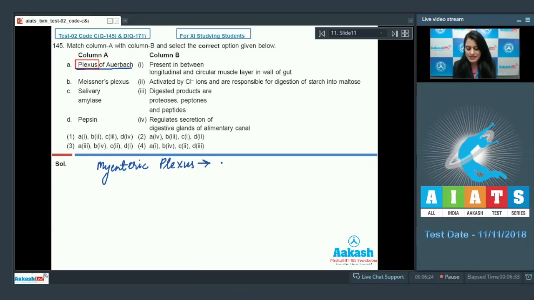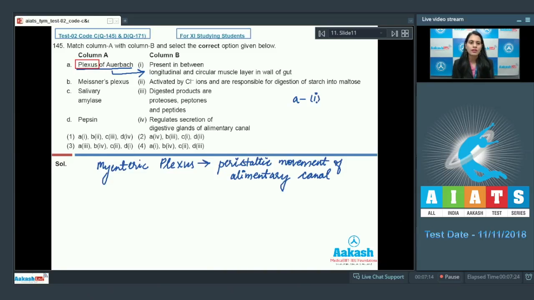It controls the peristaltic movement of alimentary canal, and it is present between the longitudinal muscle and the circular muscle layer in the wall of gut. So A goes with 1.